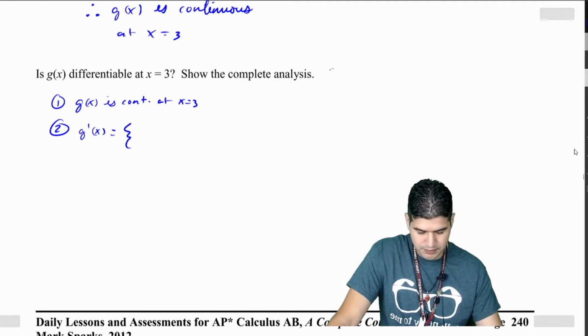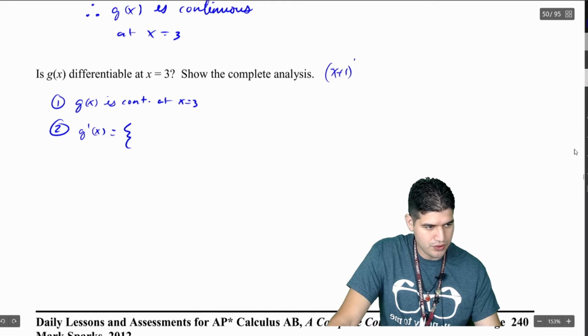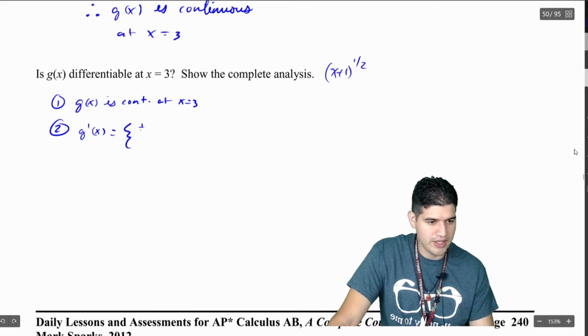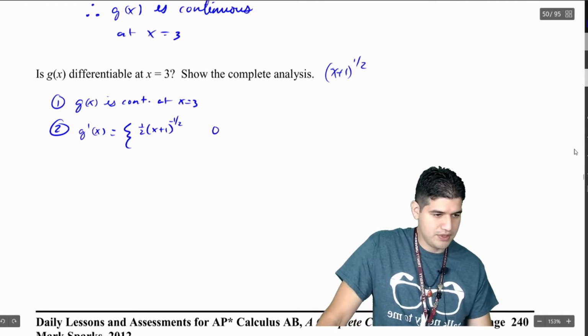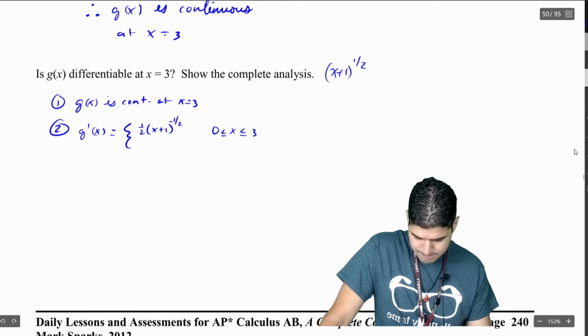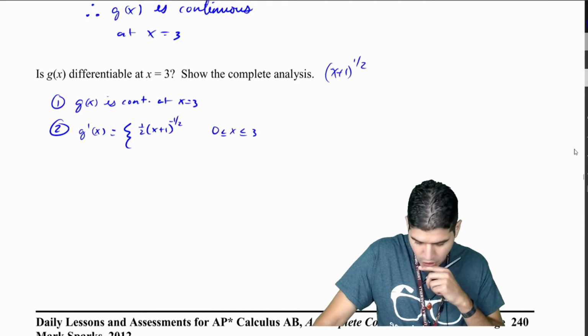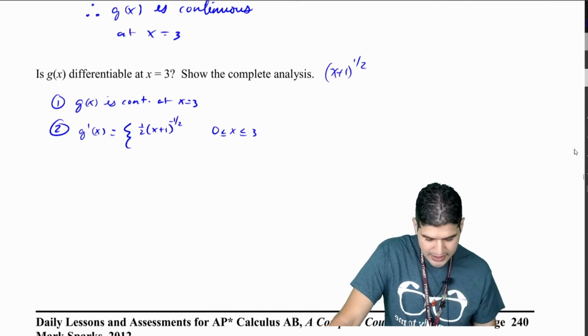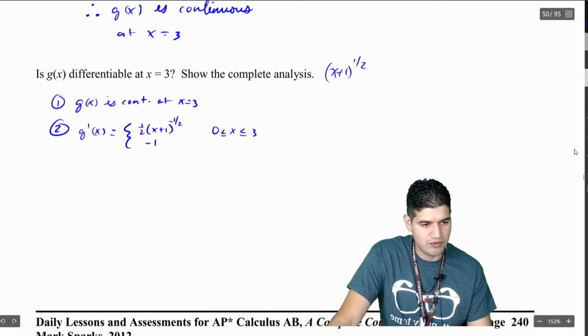It was x plus 1 to the 1/2. I bring the 1/2 down, x plus 1 to the negative 1/2, and then times 1. That's for 0 less than or equal to x less than or equal to 3. Our second function was 5 minus x, so that derivative is just negative 1, and that's from 3 until 5.